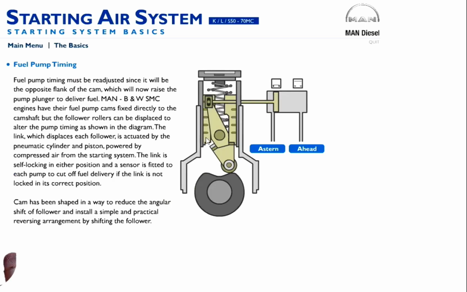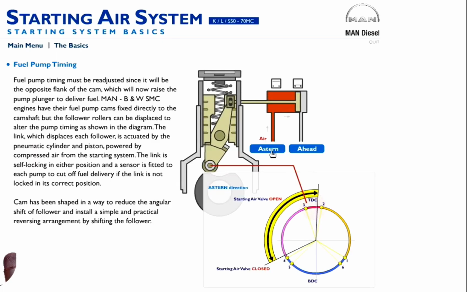Okay, that is it here, where we have a change in the ahead and astern position of the cam, because also the cam will turn in the other direction. So in astern position, the position of the cam will be like that.